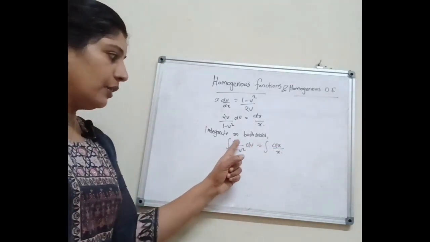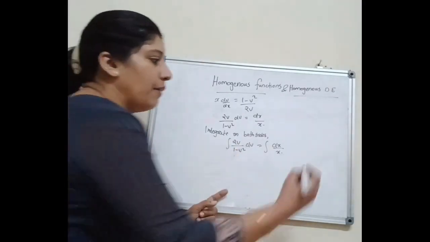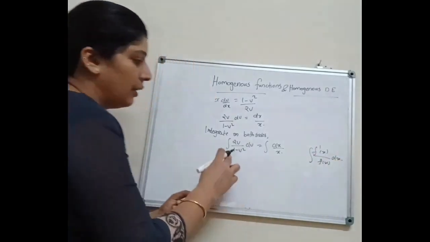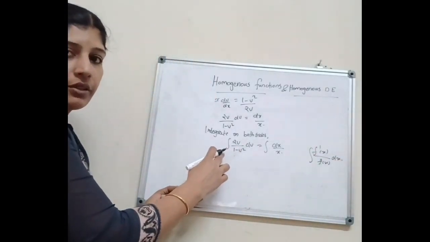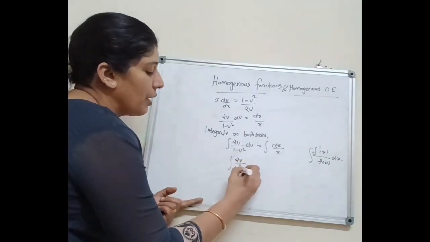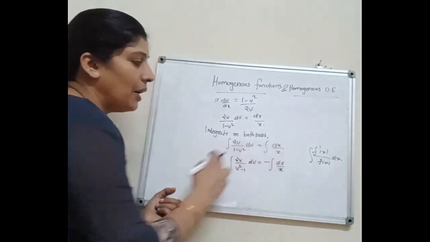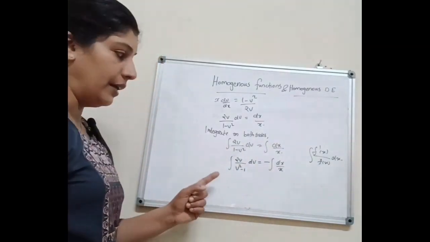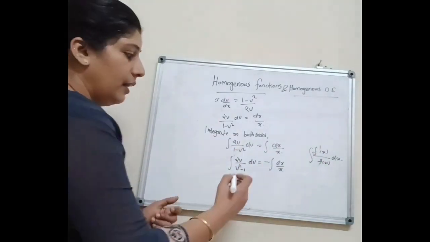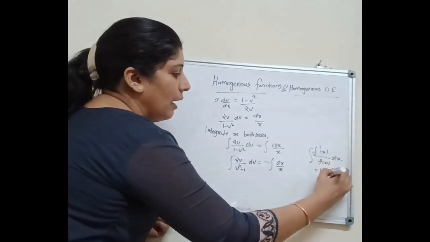Now here, integral 2v by (1 minus v square). How can we change this integral into the form integral f dash of x by f of x dx? Throughout multiplying by minus 1, it can be written as integral 2v by (v square minus 1) dv equal to minus integral dx by x. This integral is in the form f dash of x by f of x dx, which is equal to log f of x.